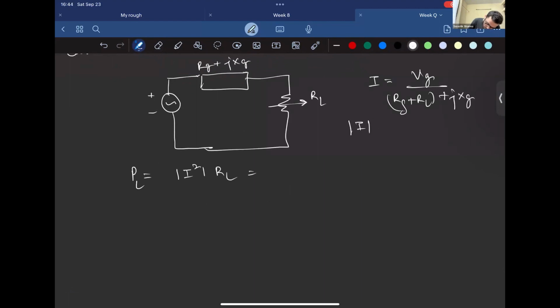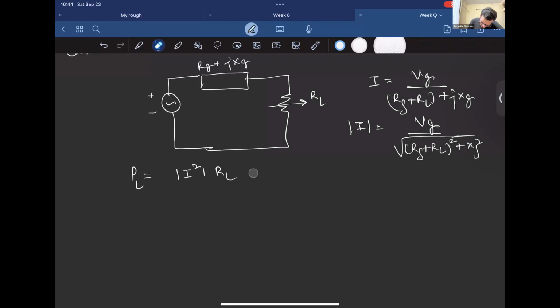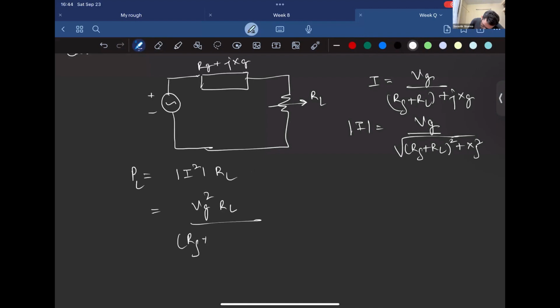The magnitude of which comes out to be this. This is correct. So we get Vg square RL over Rg plus RL whole square plus Xg square.